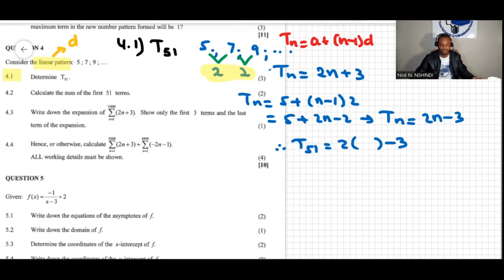So I'm going to sub 51 over here, and then this will be 2 times 51 is 102. 102 minus 3 is 99. So T51 equal to 99.